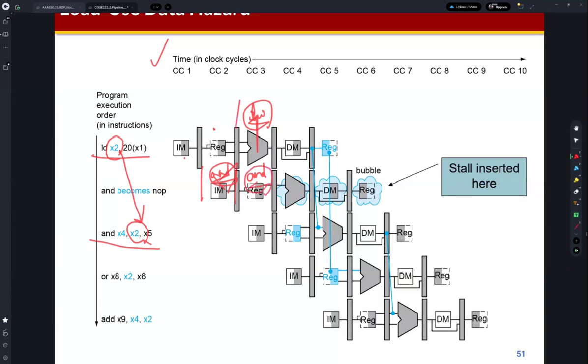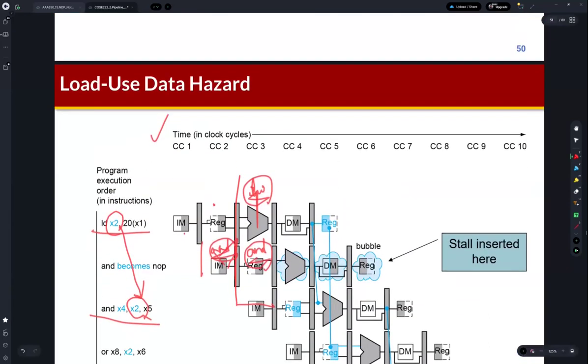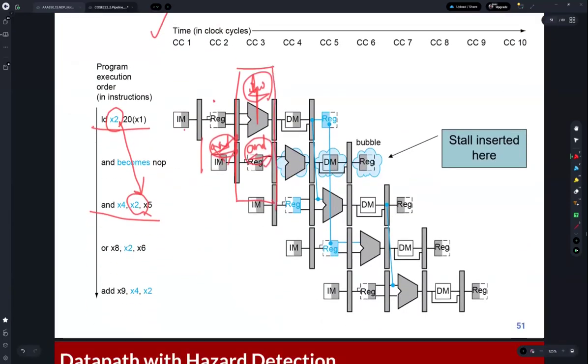At that point we check the load use data hazard case, right? As I mentioned, the add instruction needs to stay in the ID stage. So when the add instruction is in the ID stage, we check the load use data hazard while the load instruction is in the EX stage.